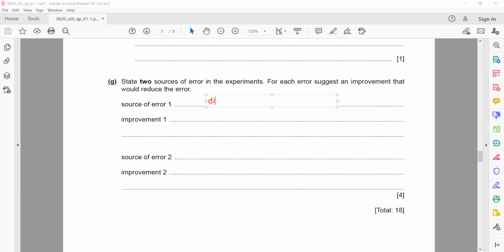So how to avoid this error? Add drop by drop or slowly.